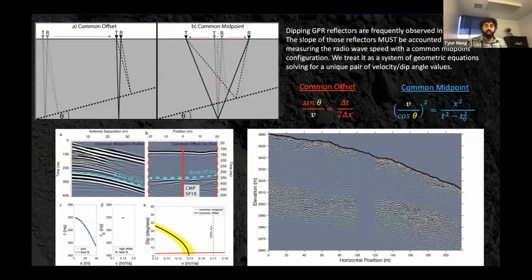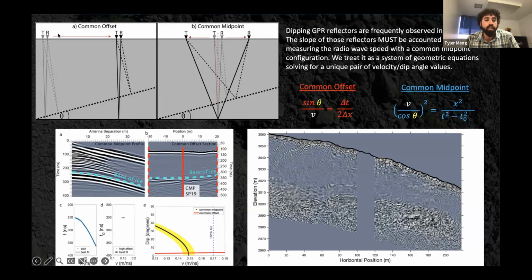So the way that we measure our thickness and composition using ground penetrating radar, we're actually going to use two different antenna configurations, and those are the common offset configuration and the common midpoint configuration. And that describes the alignment of each of the transmitting and receiving antennas.